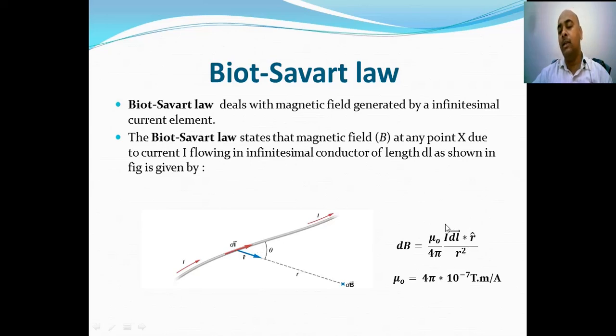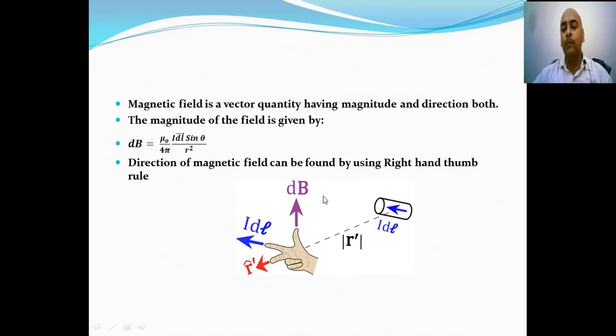The direction of the magnetic field is perpendicular to the current element IDL and the unit vector r, and the direction can also be found by using the right hand thumb rule.